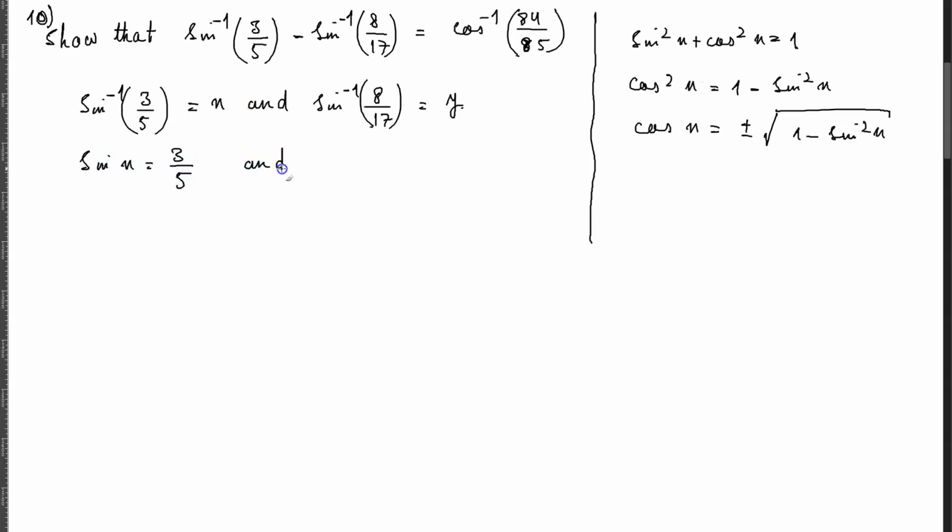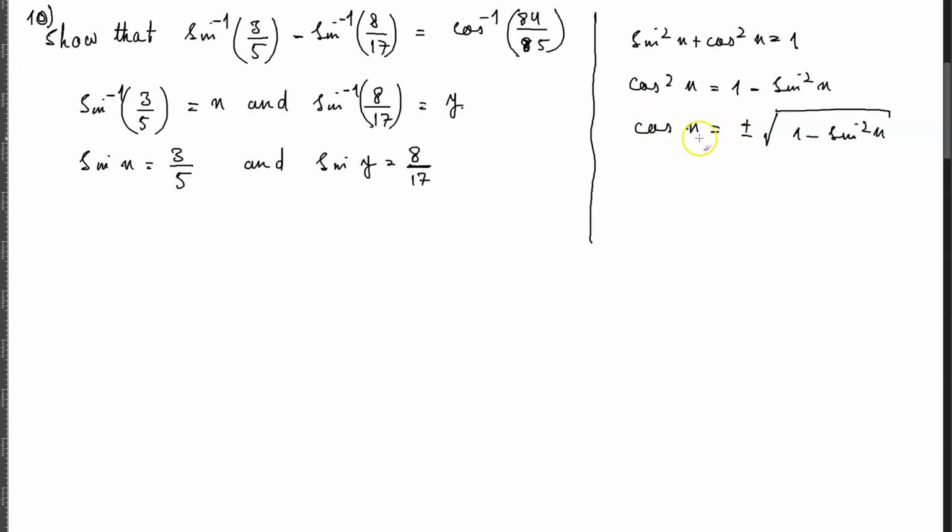And also the sine of y is equal to 8/17. Now I have the value of the sine of x, so I can put it in this formula and calculate the cos of x. I have again the value of sine of y, I can put it in this formula and calculate the cos of y.